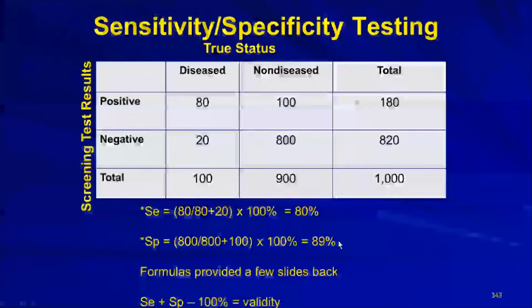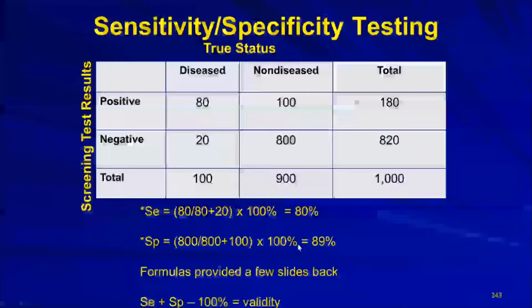That's wrong. You're going to come out with the wrong answer. And real easy to do. And I want you to avoid that problem. So we're going to take D over D plus B times 100%, and the specificity is 89%.